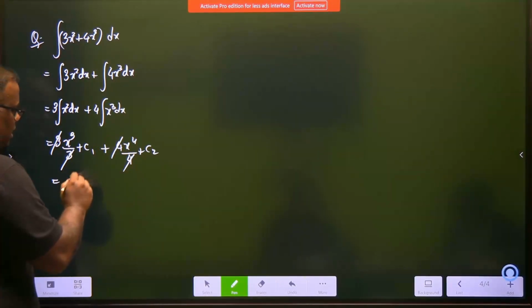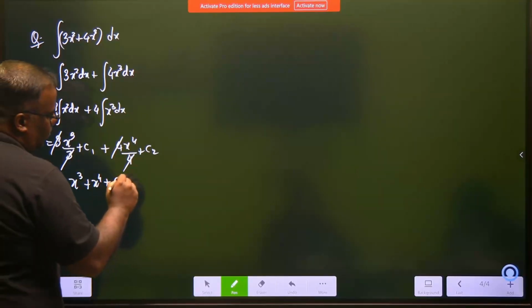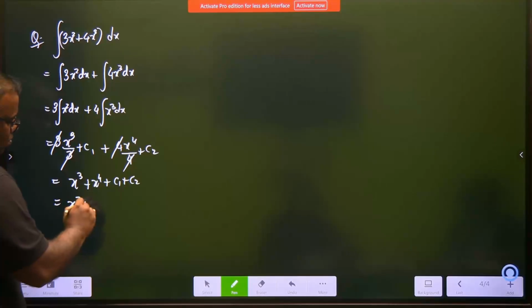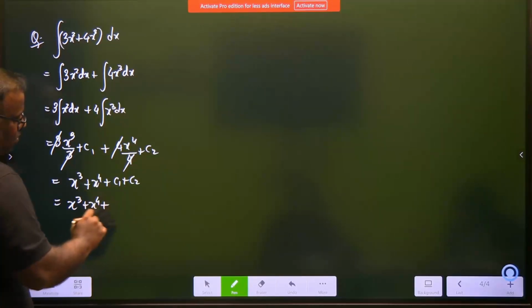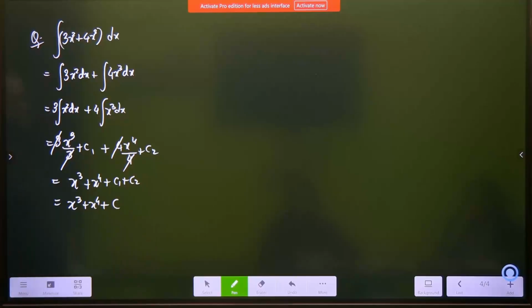I get x cubed plus x to the 4 plus C1 plus C2, which I am writing as x cubed plus x to the 4 plus C.